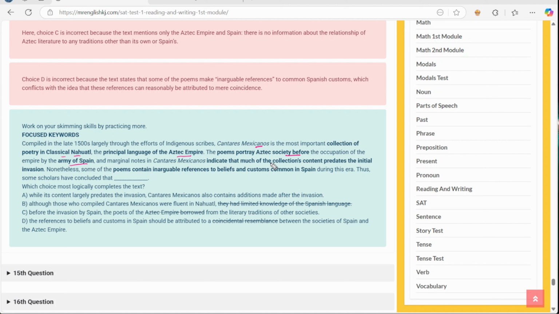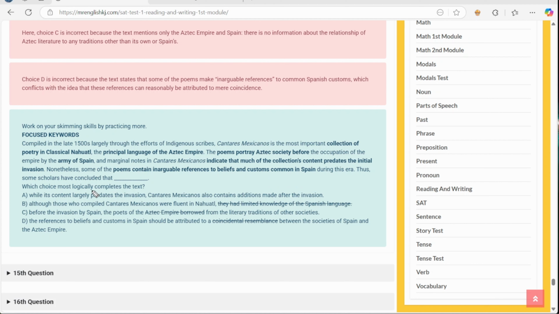And then you can see the collection's content predates the initial invasion, meaning before the invasion. You can see their art before and after the invasion, where you can find customs common in Spain, that you can see in their writing also. Before the invasion there was their original writing; after the invasion the original plus Spanish culture was included.